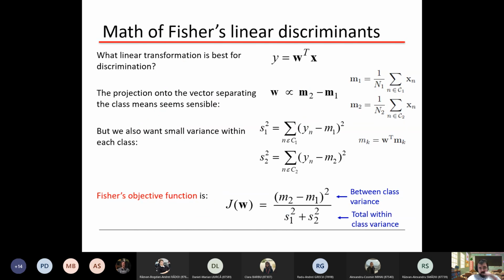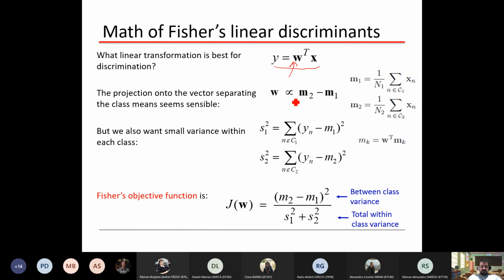So what linear transformation is best for our discrimination? We consider y equal to w transpose multiplied by x, and we'll have to identify this w.